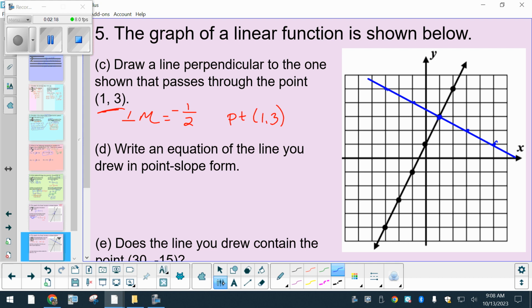Write an equation of the line you drew in point slope form. Right? So now we have to remember that formula, the point slope form. Y minus y1. Okay. And then who's got it for me? Ryan, did you get it?